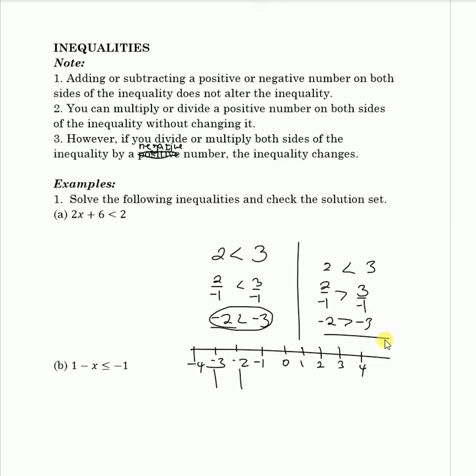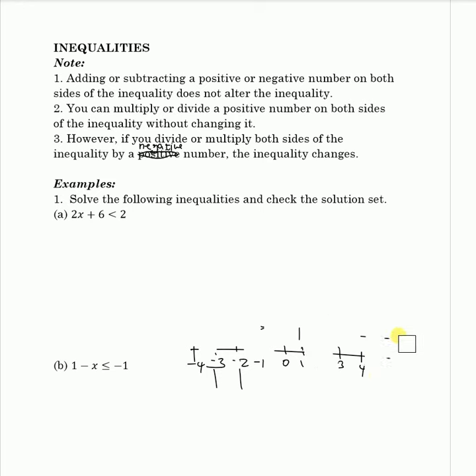So we are saying that if you divide or multiply both sides of the inequality by a negative number, the inequality changes. That is the reality. So when it comes to a point where you need to divide by a negative number, you have got to change the inequality. That is what we are going to do.